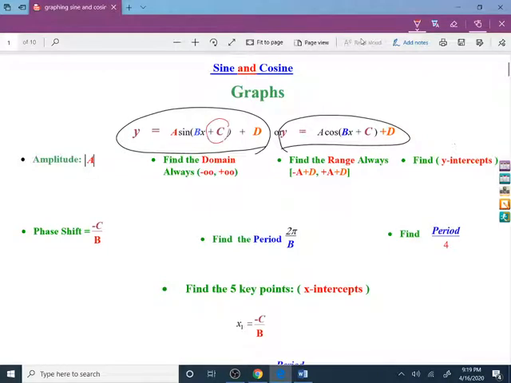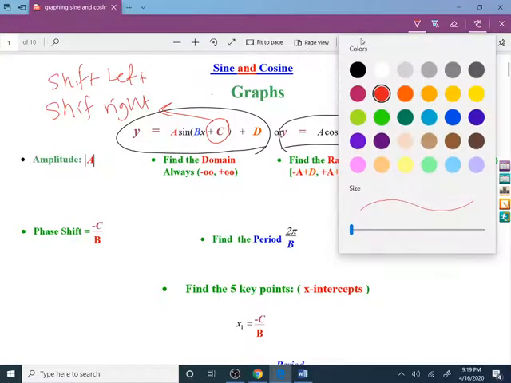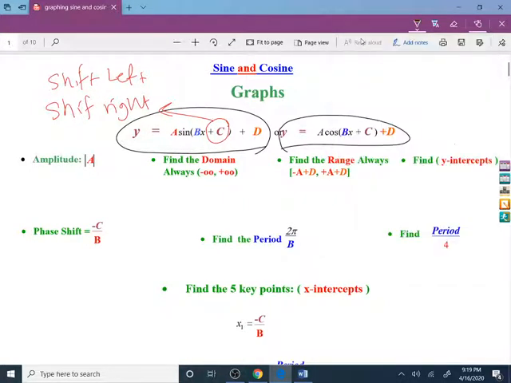The C means shift left or shift right. If the C is positive, that's shift left. When the C is negative, that's shift right.